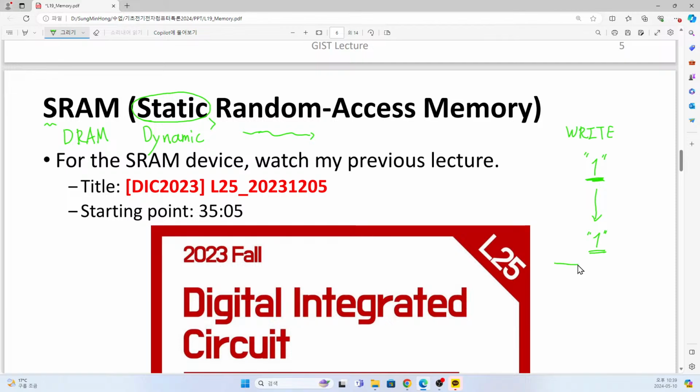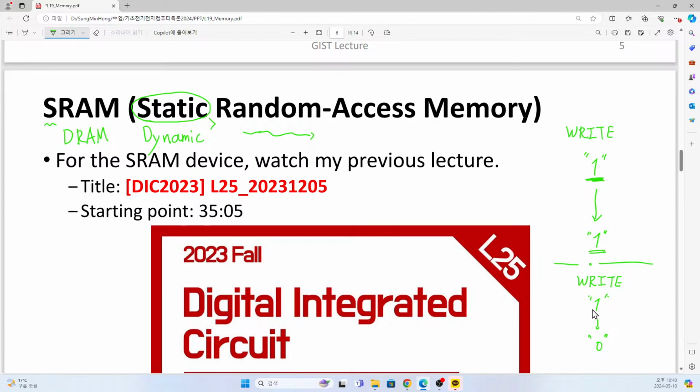However, there is another type of device, something like this. Write 1. And for a long time, for example, 10 seconds has passed. After that, when we try to read it, then actually it may be just 0.